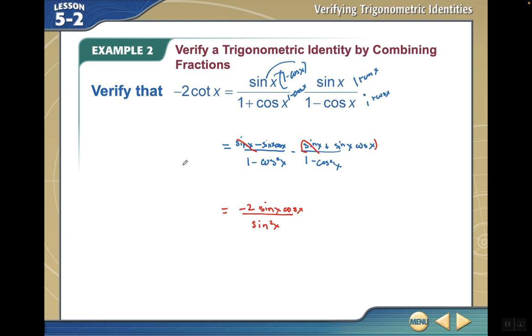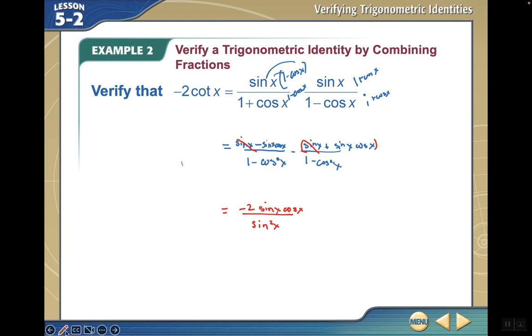All right, so we are trying to get to that negative 2 cotangent x. If we look at this, we can cancel one of these sine x's.